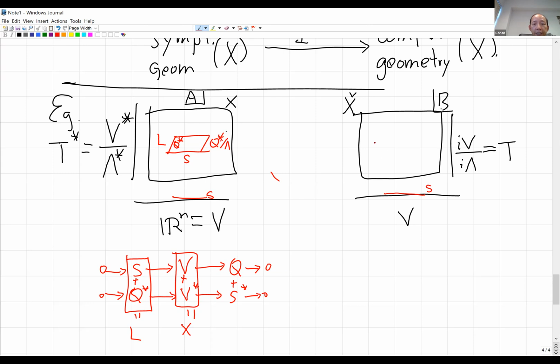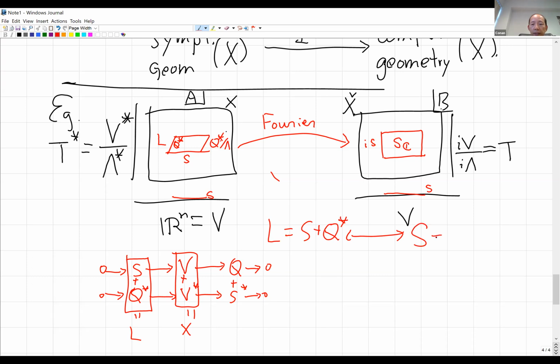Those are exactly S. So the Fourier transform, fiber-wise, this T duality, is a fiber-wise Fourier transform. It exactly gives you this correspondence between Lagrangians L, which is S plus Q star, to S plus S star. So this is a Lagrangian cycle, and this is a complex cycle.